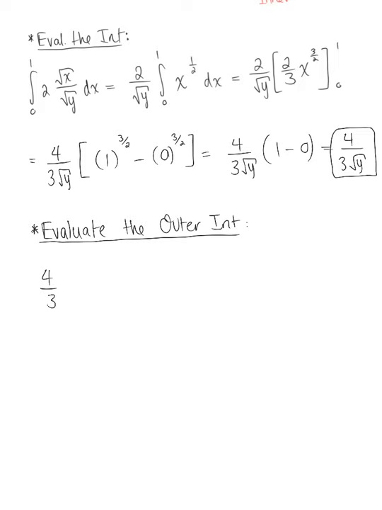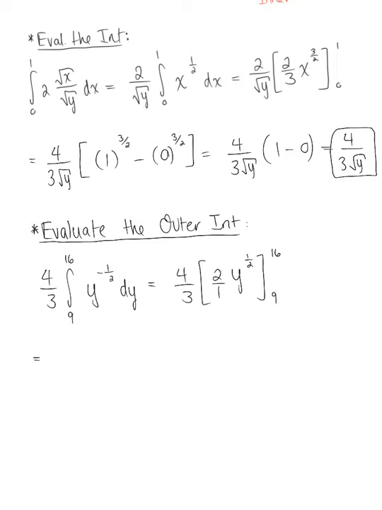This is 4/3 times the integral from 9 to 16 of y to the negative 1/2 dy. And we're ready to integrate, so that's 4/3 multiplied by y to the 1/2 divided by 1/2, so we'll multiply by the reciprocal, 2 over 1. And now we can evaluate from 9 to 16.